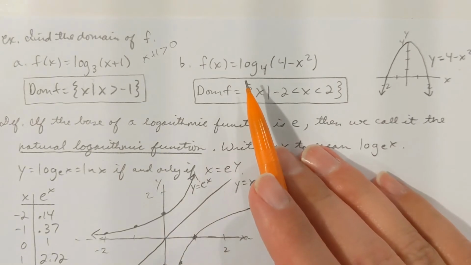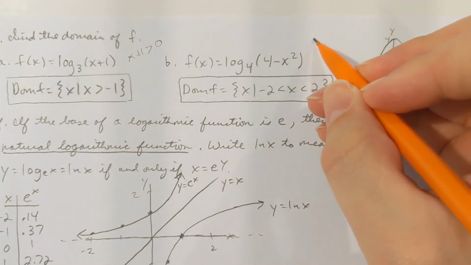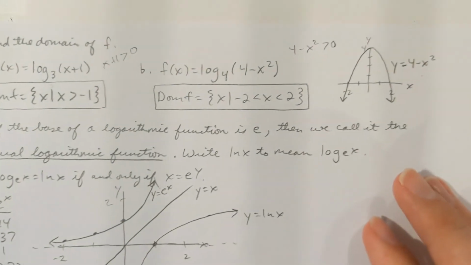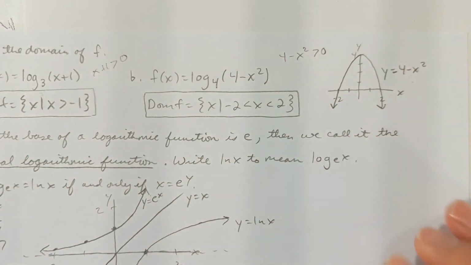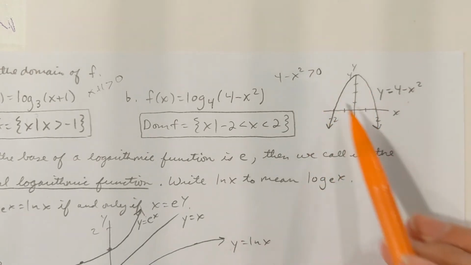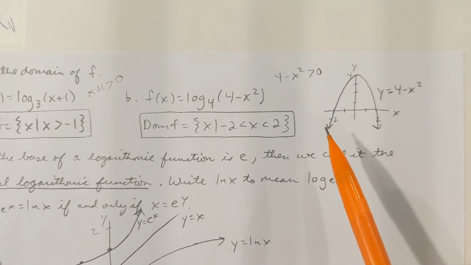In part B, I've got f of x equal log base 4 of 4 minus x squared. So 4 minus x squared has to be strictly a positive value here, since I don't want log of 0 and I don't want log of a negative. So I would have to do a side calculation where I solve this inequality for x.